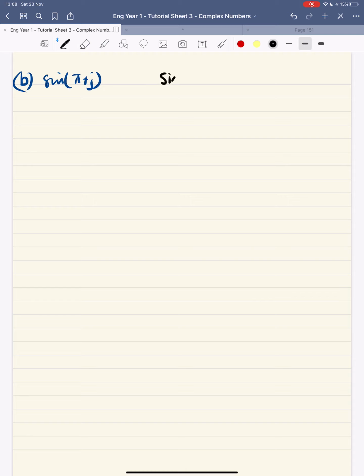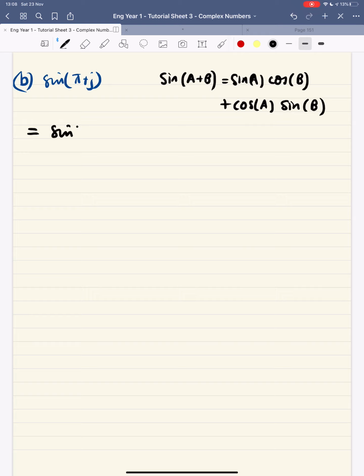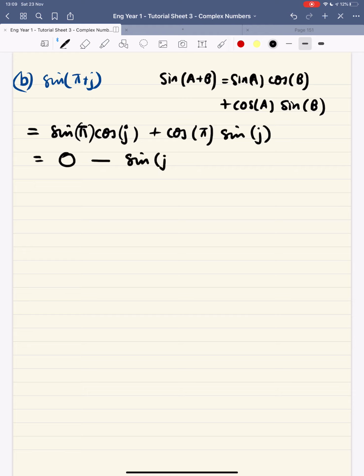Okay, next one, b, sine of pi plus j. Right, for this one, you're going to use sine of a plus b equals sine a cos b plus cos a sine b. So this is going to be sine pi cos j plus cos pi sine j. Sine of pi is 0, so that's all 0. Cos of pi is minus 1, so it's minus sine j.